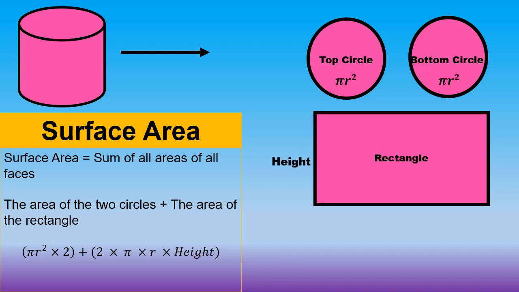Then the rectangle. Can you see that the height stays the height of the cylinder standing like that? But now, with a rectangle, the area is length times breadth. So let's have a look. We've got the height, or the length if you want to see that as the length, and now we need the breadth.